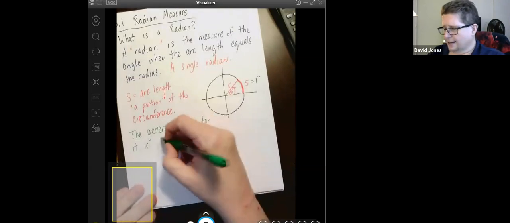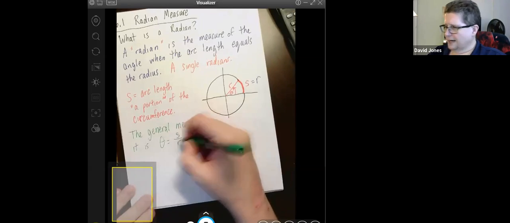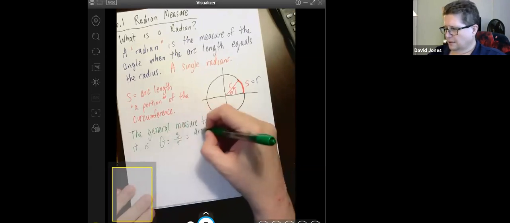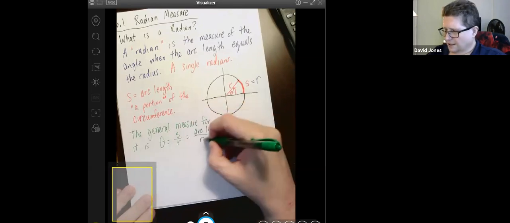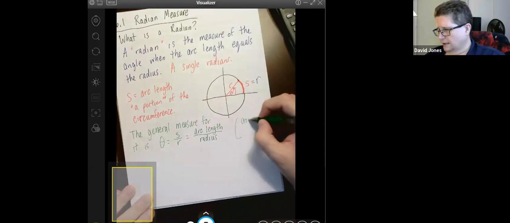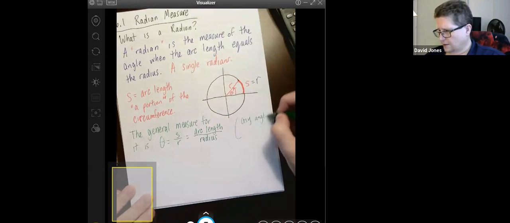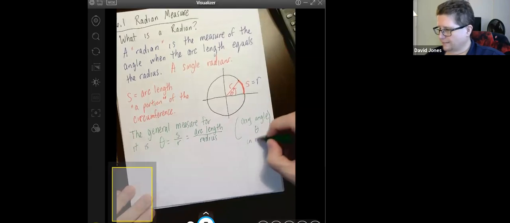We say theta is the proportion of the arc length over the radius. This is for any angle theta, in radians.